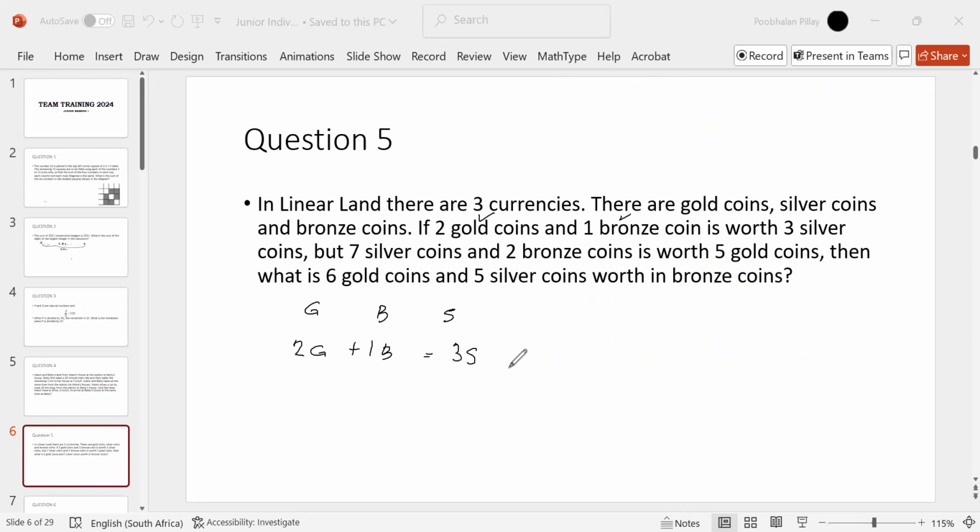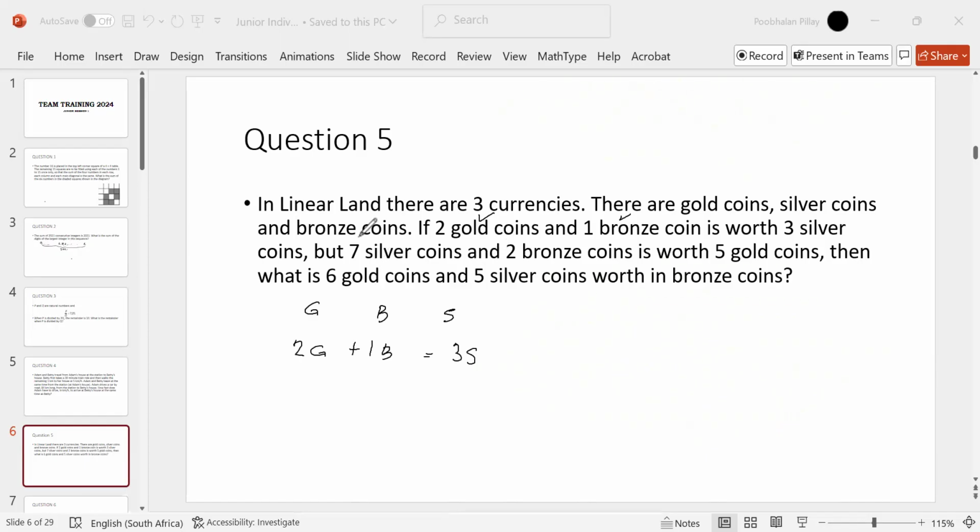All right, so you write that in the form of an equation. In mathematics, a very powerful method of solving problems is to try to get equations. And once you get equations, then you can solve for them. Because in school, you are taught how to solve equations. But now in problem solving, you have to create your equation. So I've just created this equation using the information that was given.